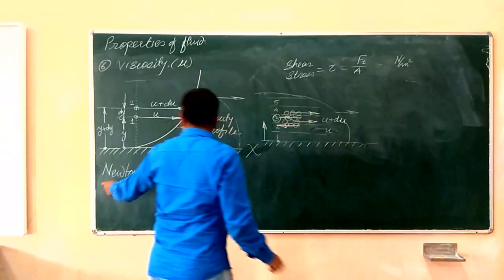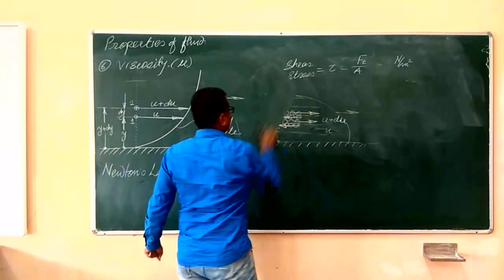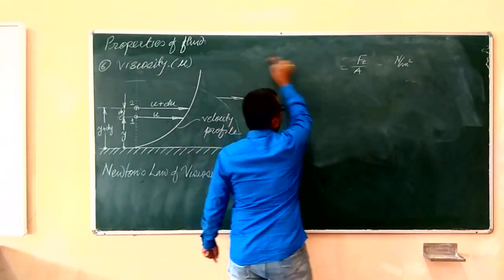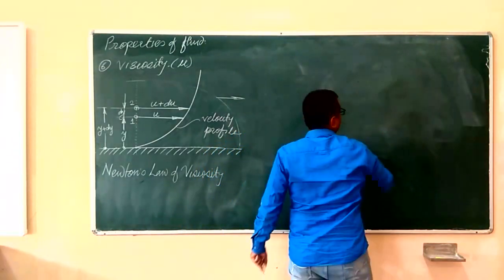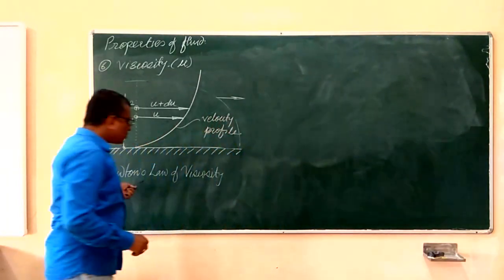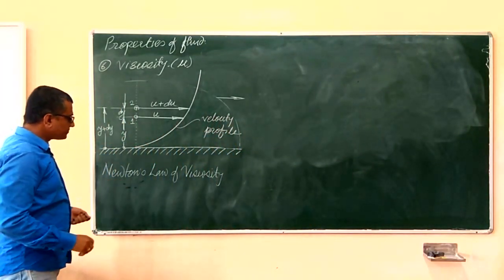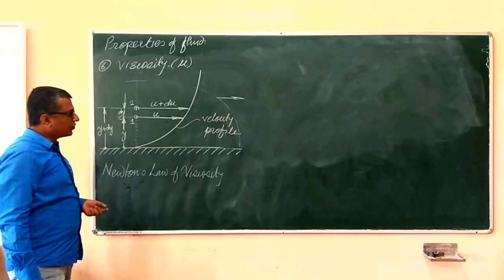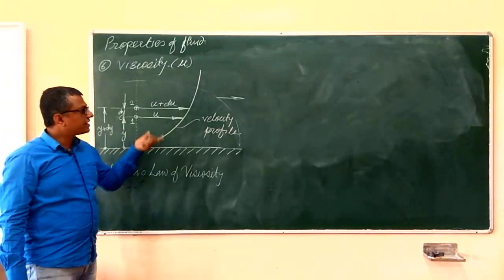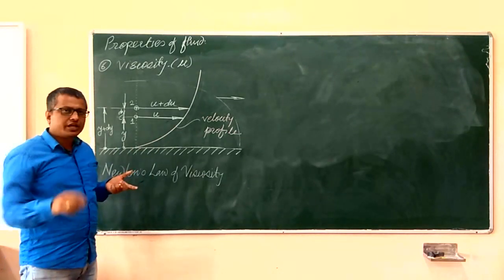Now come to Newton's law of viscosity. Let us see what this law is. Newton's law of viscosity states that for a streamlined or laminar fluid flow, and streamline means what?